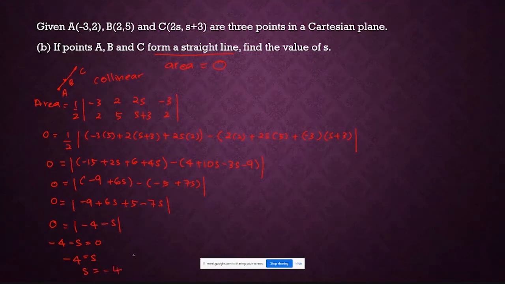This is our answer. And the question says find the one value of s, so we state the value. We answer the instruction, find the value of s. So our s is negative 4.